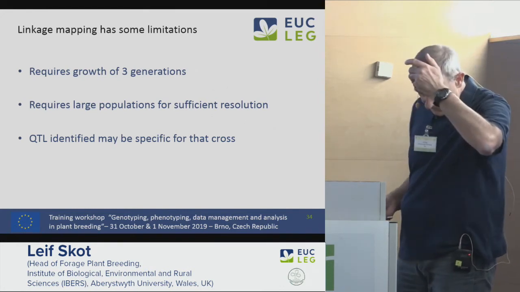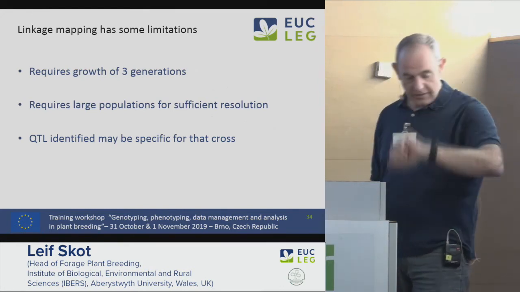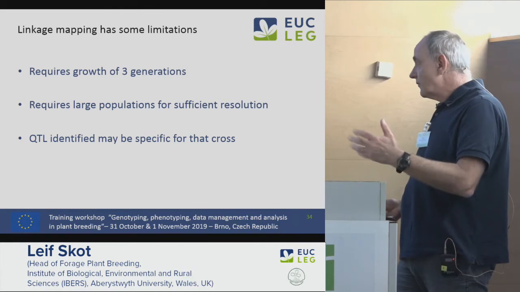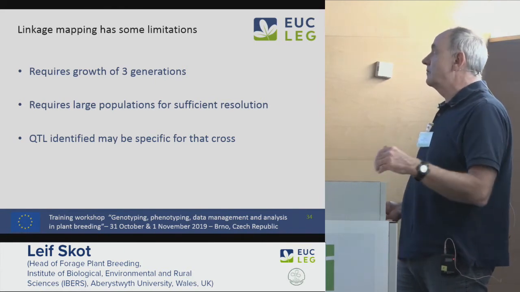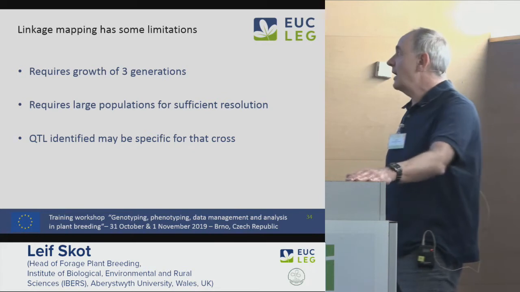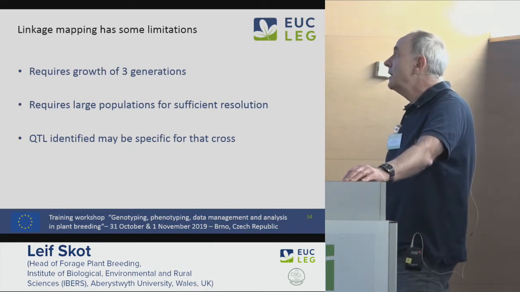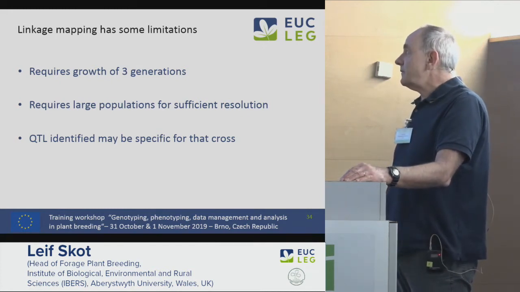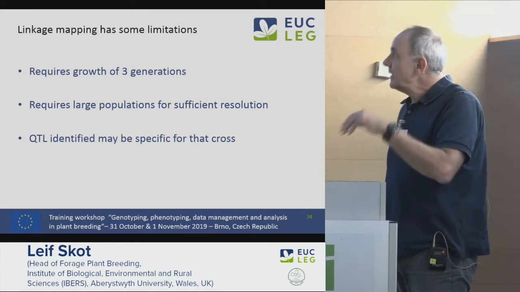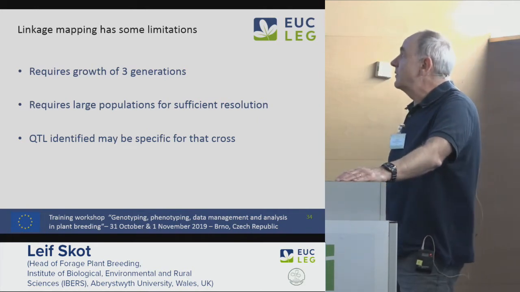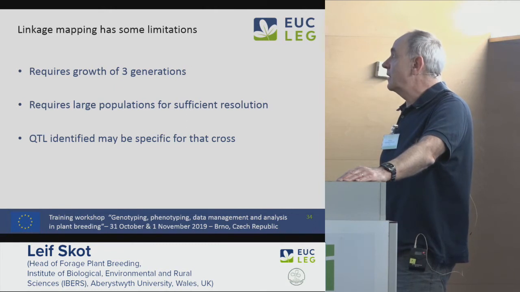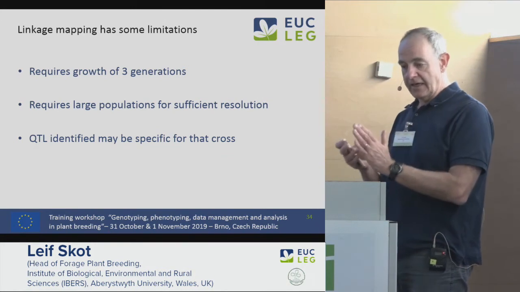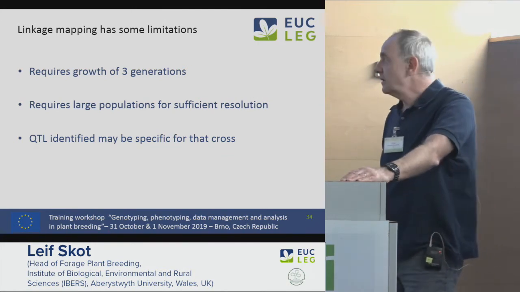I will now go on to GRAS briefly, and further on genomic selection. In the past, linkage mapping has been used a lot to identify QTLs, but there are some limitations. It requires growth of 3 generations and quite large populations for sufficient resolution to identify a narrow region where your QTL is.